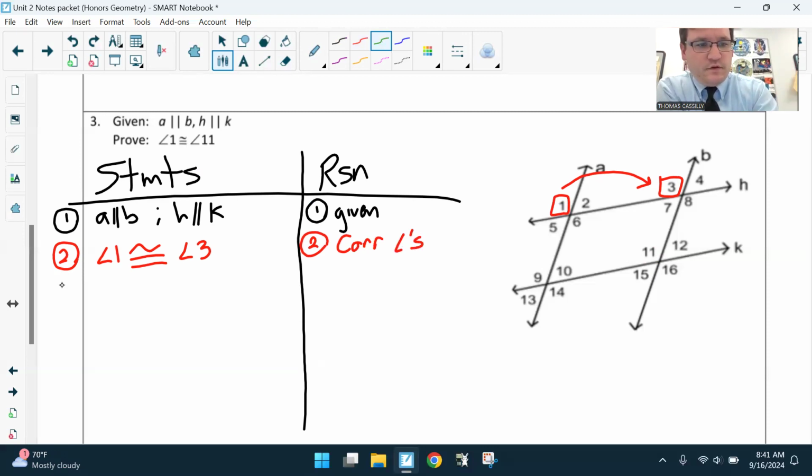Now, step 3. Remember, we're trying to get to 11. So you got to think, can I go from angle 3 to angle 11? As a matter of fact, we can, because angle 3 and angle 11 are corresponding angles. So those are also congruent.